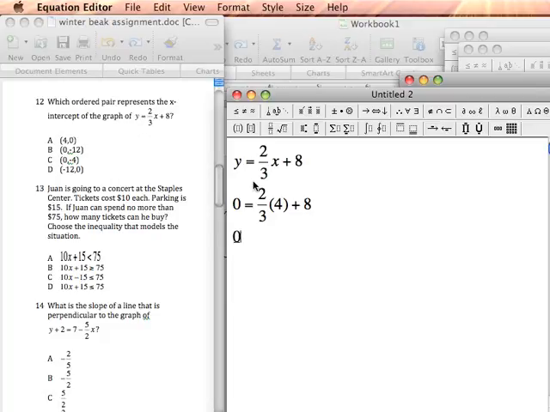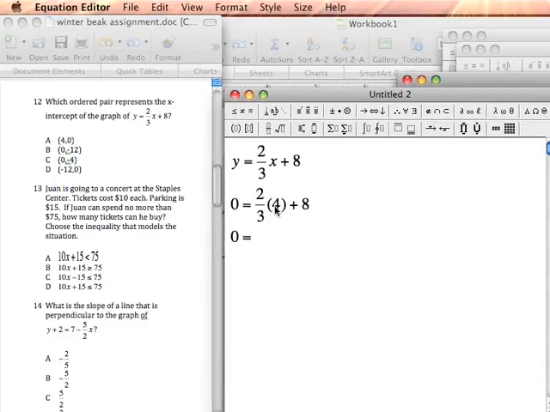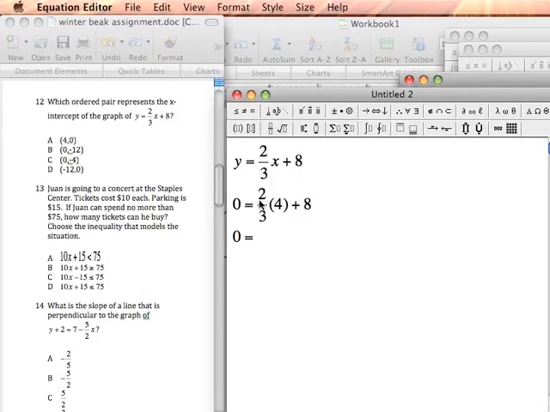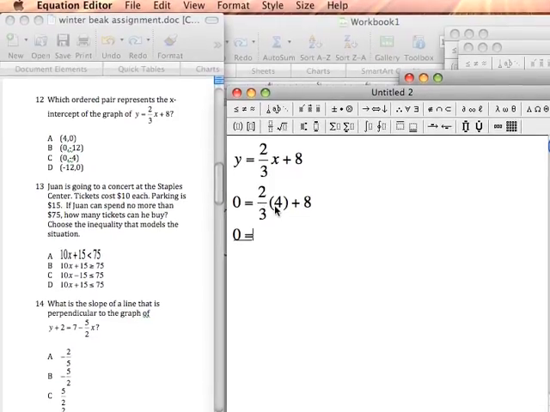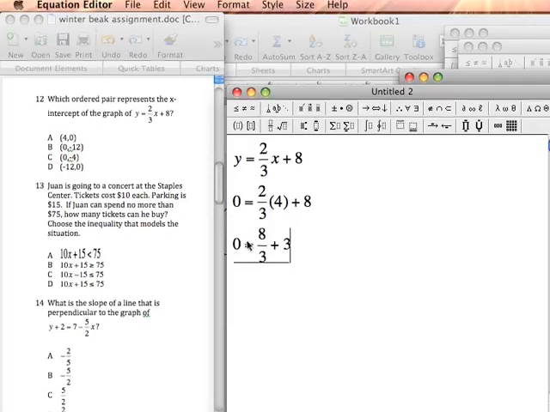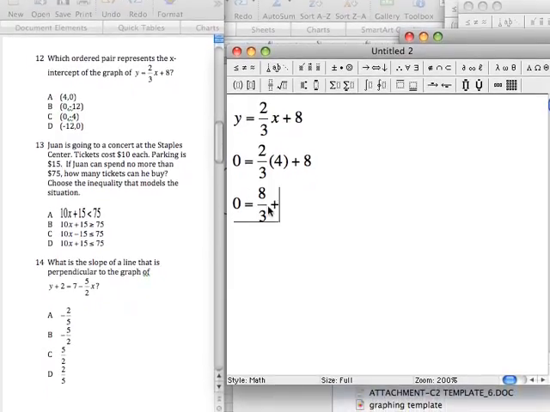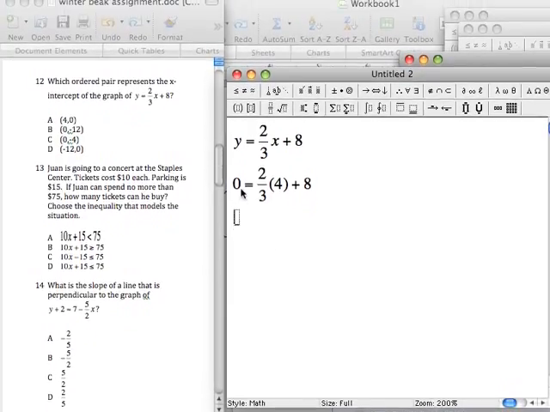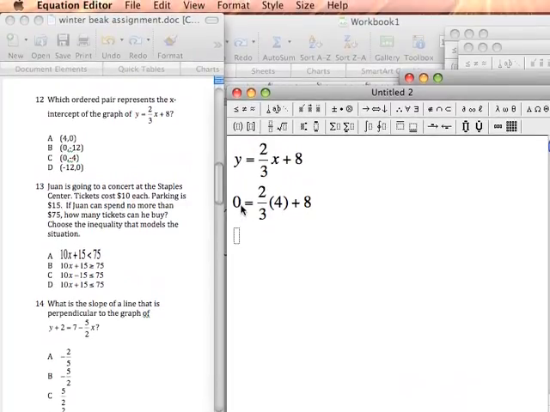Now in here, again, when I'm multiplying fractions, it's always the numerator of my fraction that's multiplied by the whole number. In this case, it's going to be 8 over 3. That's really not going to work because I'm looking for whole numbers here. And in this case, I don't think this is going to cancel and equal 0 anyway. So let's go ahead and find something different to substitute.